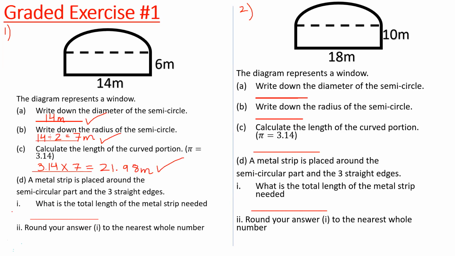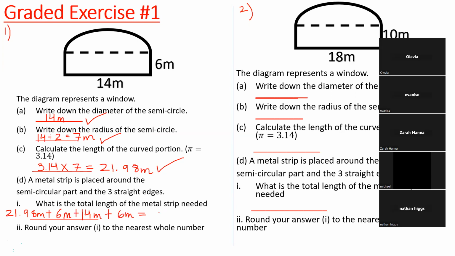It's going to be 21.98 plus 6 plus 14 plus 6, which leaves me 47.98. Is that correct? 41 or 47? Yes, 47.98.